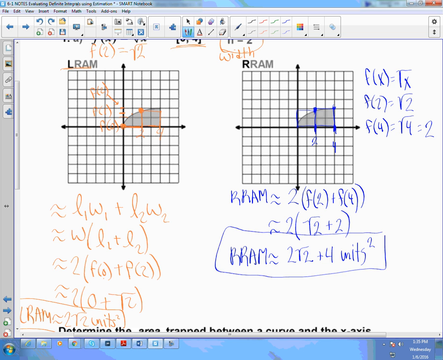Is that larger than the orange one on the left rectangular approximation? Yeah, mine is the plus 4. So it was larger as expected because it should be an overestimate. Okay, does that make sense? So when you plug in here and here, you're using, in this case, left: f of 0, f of 2. Because this one we use the right: f of 2, f of 4 endpoints.